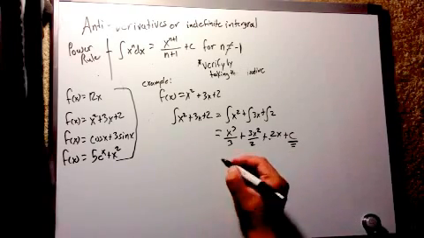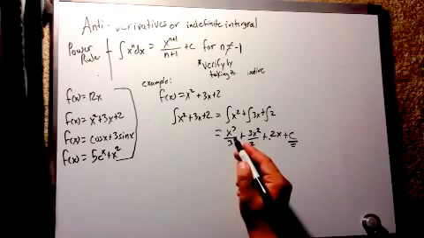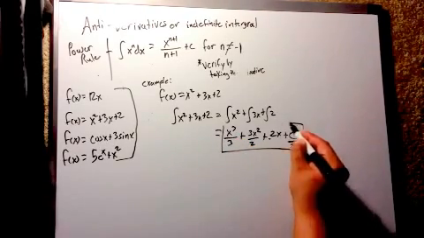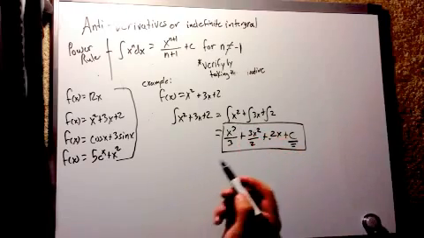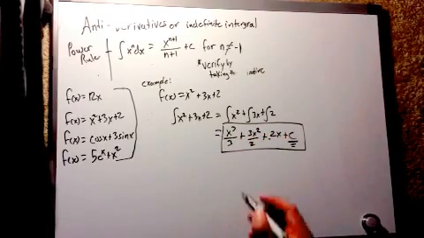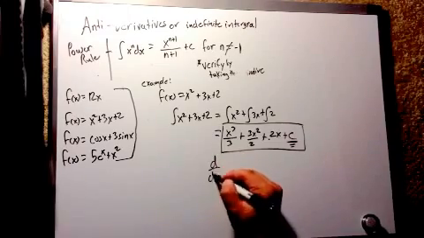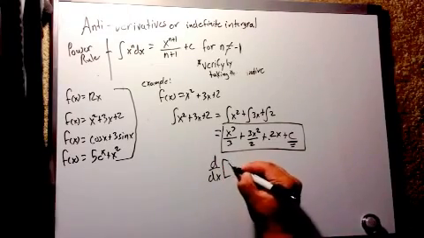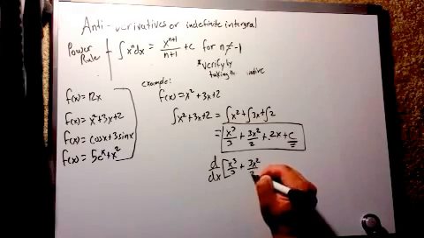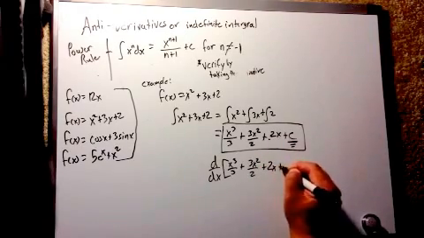So now we have our antiderivative, which is x cubed over 3 plus 3x squared over 2 plus 2x plus c. Now let's take the derivative of this.